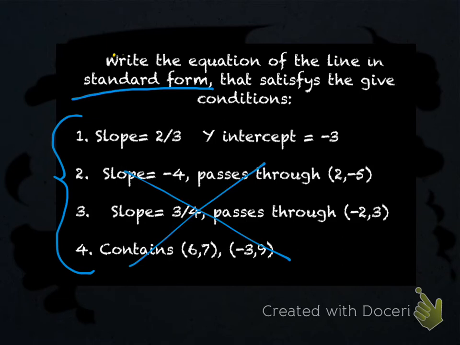You only need to be able to do number 1. So if you're still getting ready for Unit 3, Part 1, only number 1 applies to you. If you are preparing yourself for Unit 3, Part 2, then you are going to need to do all of this and a little bit more, parallel and perpendicular as well.